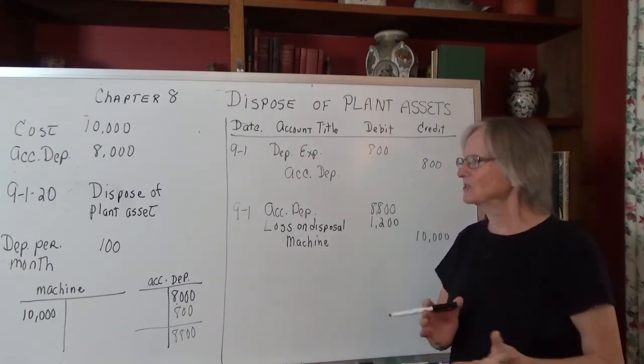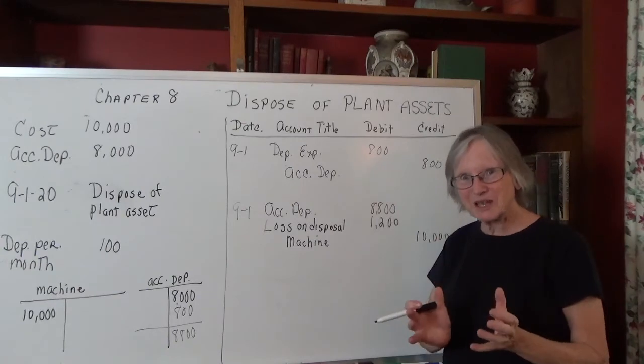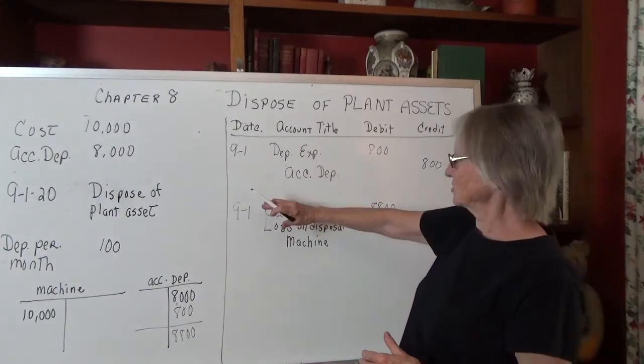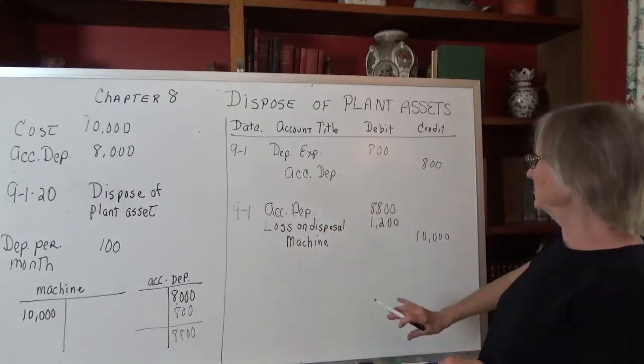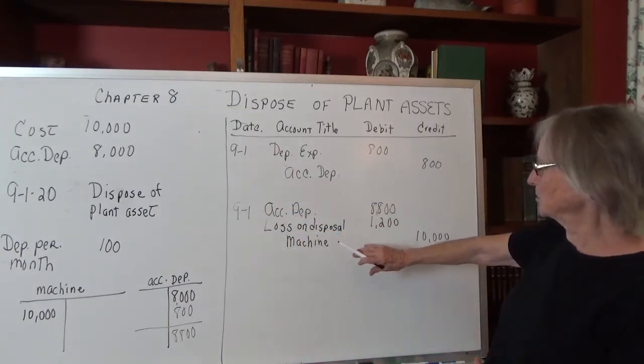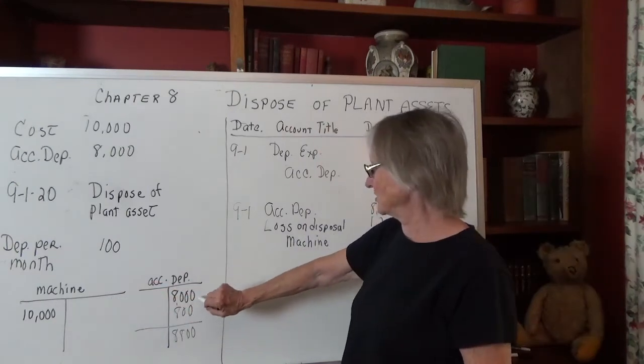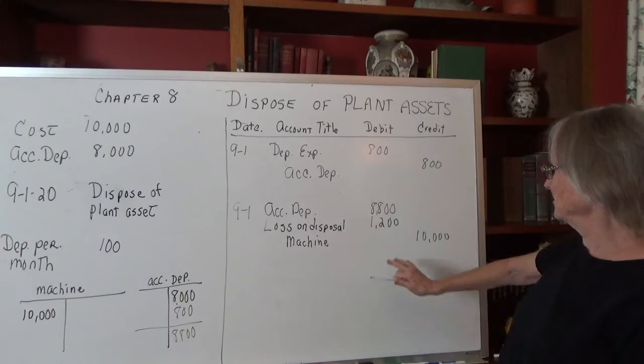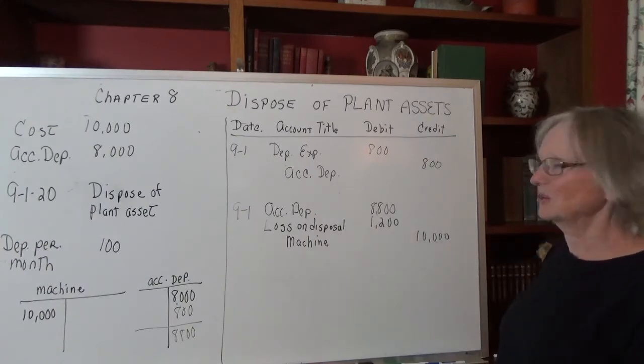It's basically the difference between the book value of the asset and the proceeds. Here the proceeds is 0, so the book value would be 10,000 minus the 8,800, and the difference there is going to be the loss.